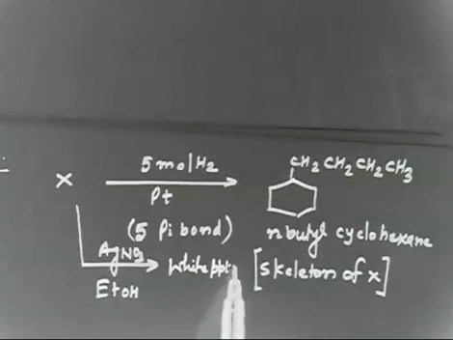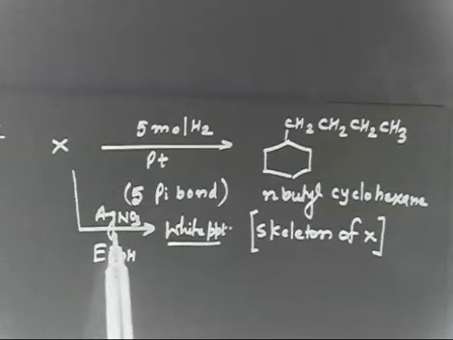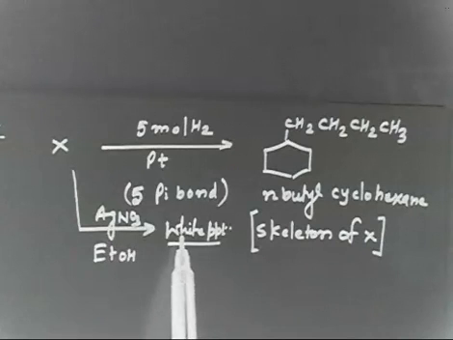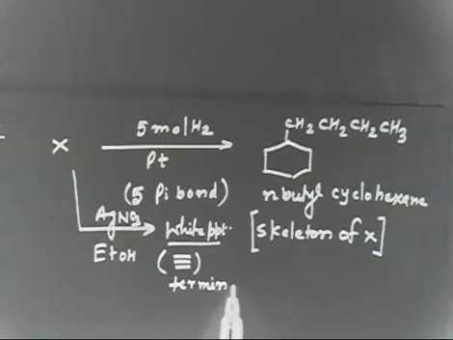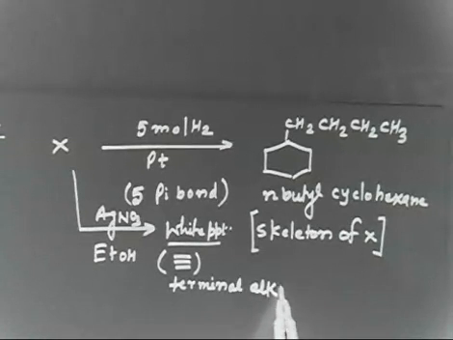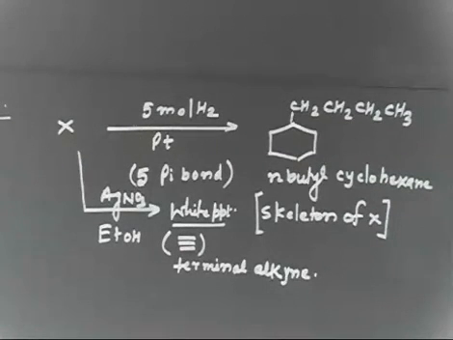Now can you tell me what this test is? This is a test for a terminal alkyne. If you have a terminal alkyne and you treat it with AgNO3, it forms a precipitate. So I have a terminal alkyne, the triple bond is at the terminal position, and that's why we call it a terminal alkyne.